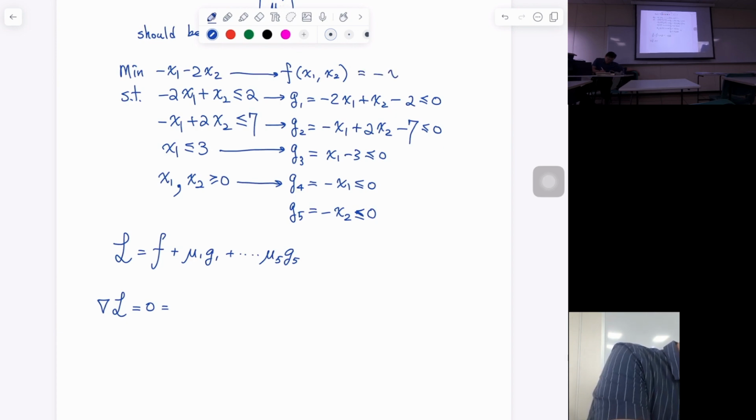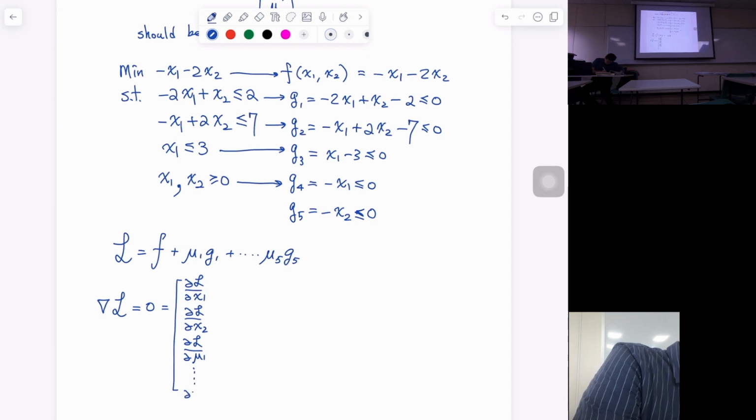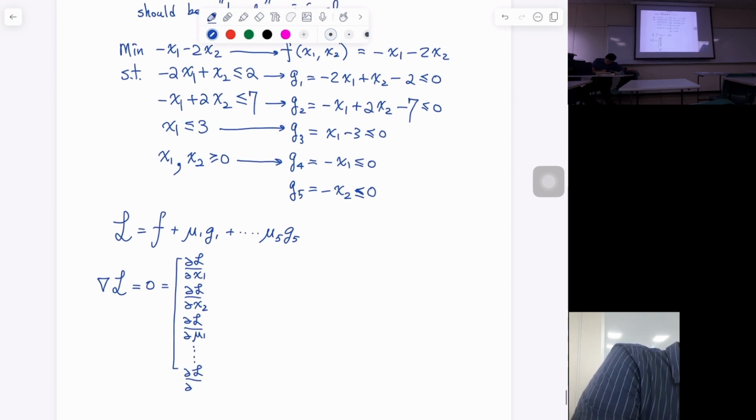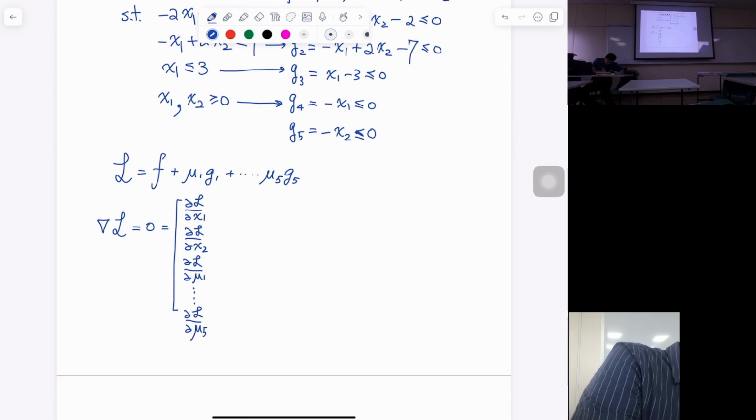This is negative x1 minus 2x2, right? So if I do the gradient, it would be the partial Lagrangian over x1, partial Lagrangian over x2, partial Lagrangian over mu1, and so on. It's actually a long process, up to mu5.